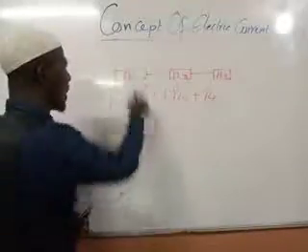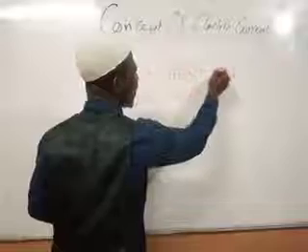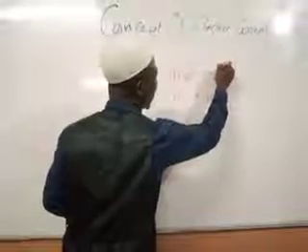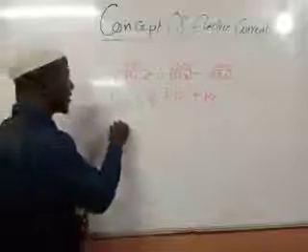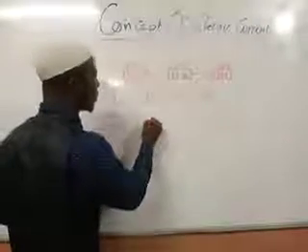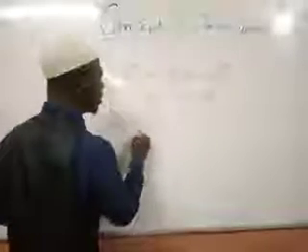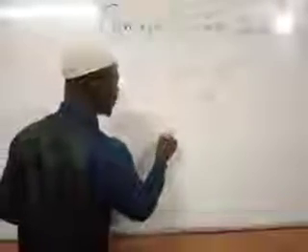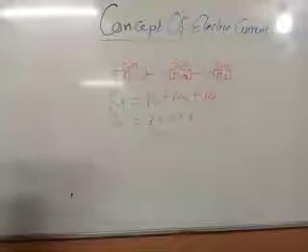If our R1 is 3 ohms, this one is 2 ohms, and this one is 3 ohms as well, it means the total resistance in the circuit is equal to 3 plus 2 plus 3, which will give us 8 ohms. That is that about resistors in series.